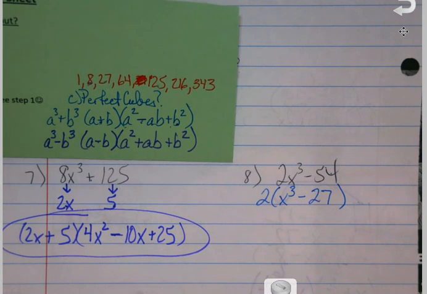So, can I do anything else? Can I do anything with x cubed minus 27? Yes. Because what number's in front of that x cubed when I don't see one?